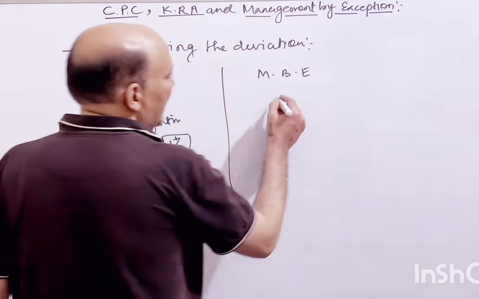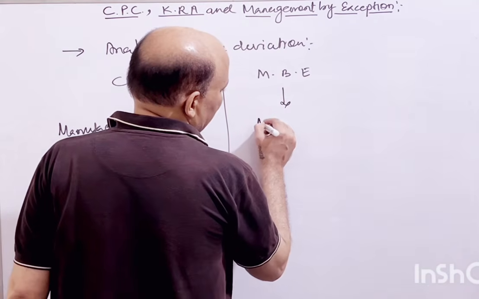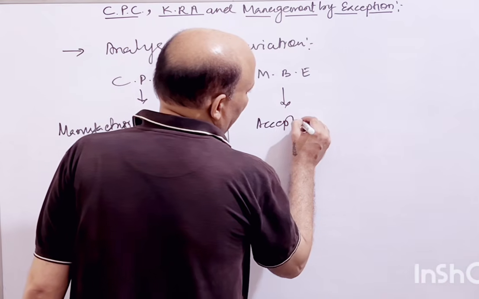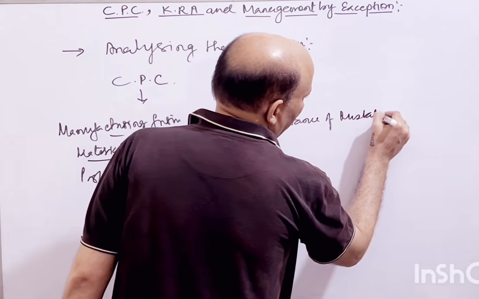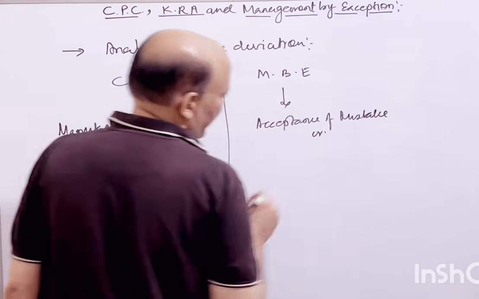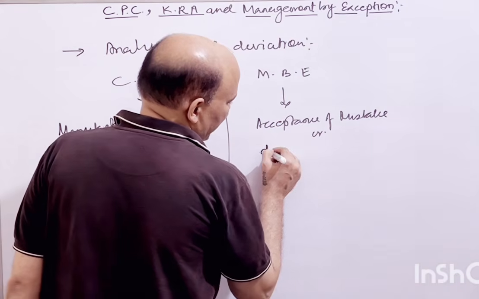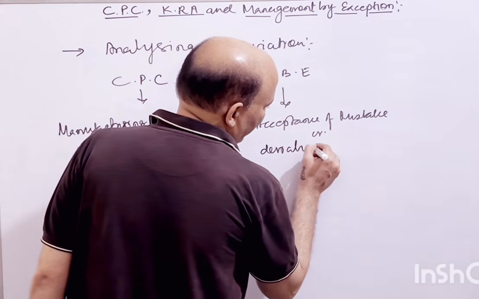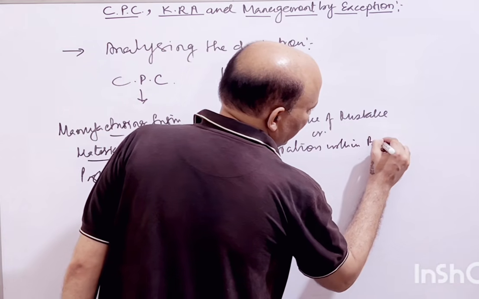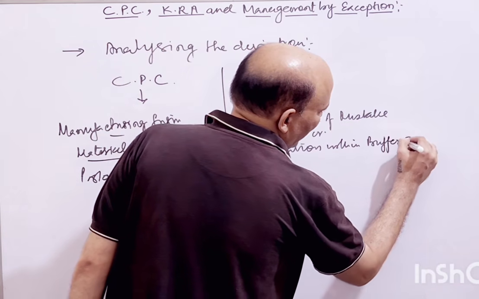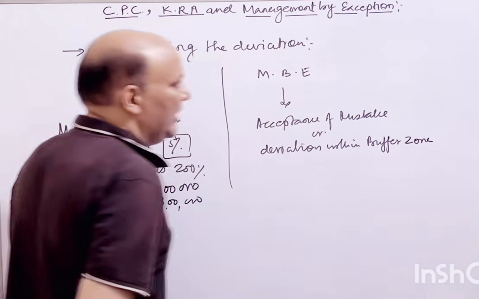And management by exception is related to the acceptance of mistake or deviation within the buffer zone, right? Whatever buffer zone they have given.